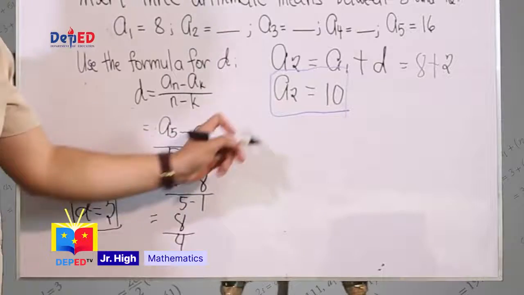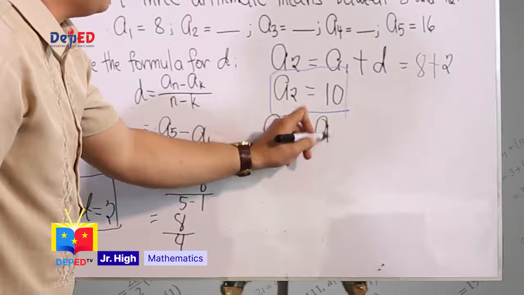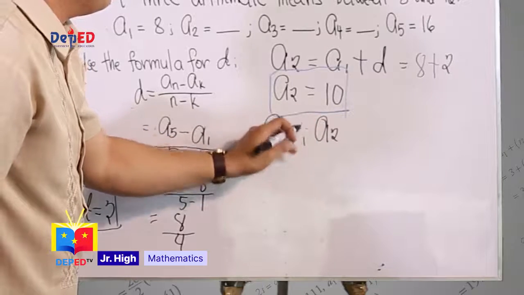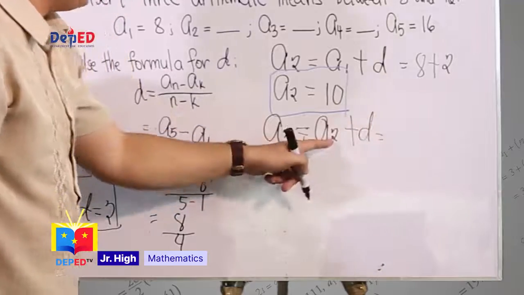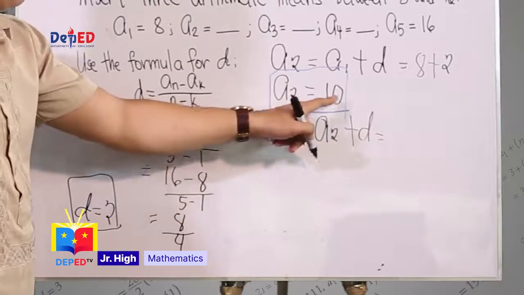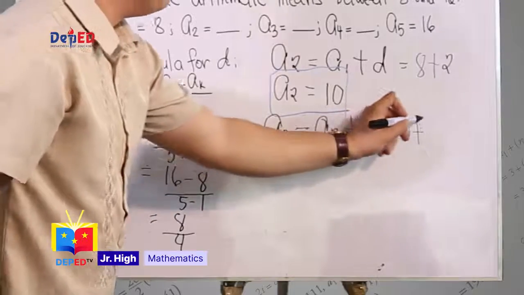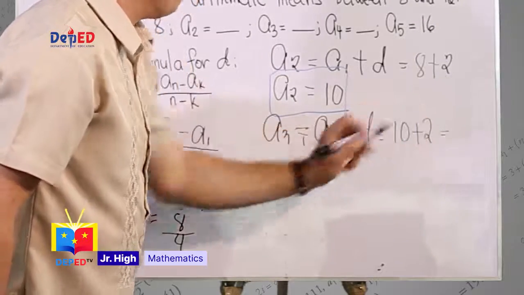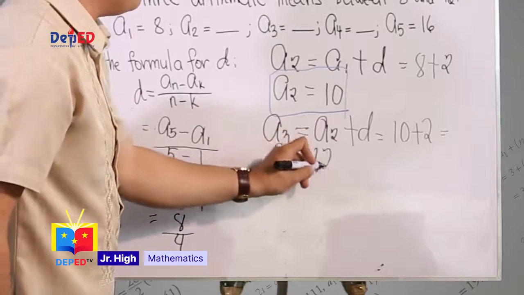For a sub 3, that is the sum of the second term plus the difference. Our a sub 2 is 10 plus the difference, which is 2. Our a sub 3 will be equal to 12.